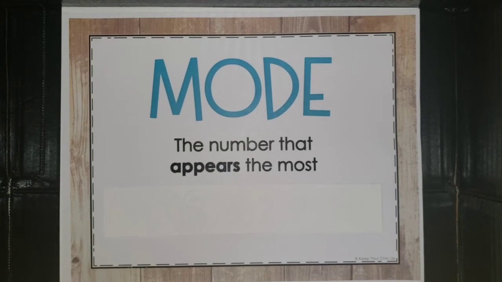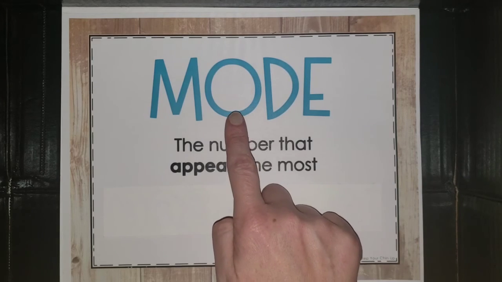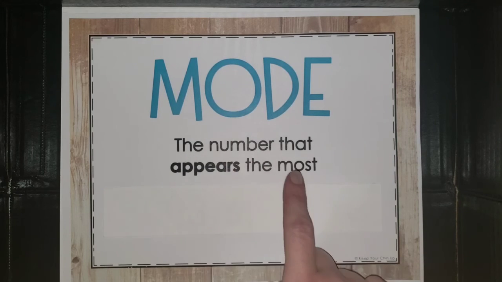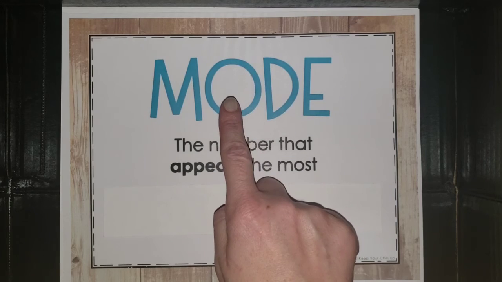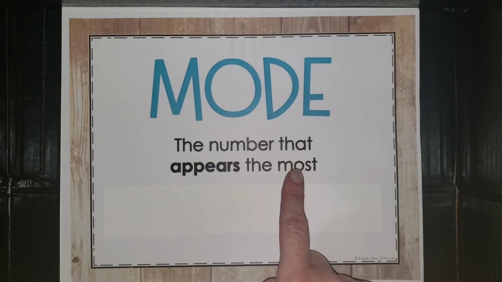Let's talk about finding the mode. The mode is the number that appears the most in a data set. I always like to have my students say mode and most, when they're thinking of the long O sound in both of those words, and I let them hear it with their ears to help them remember that mode means most.